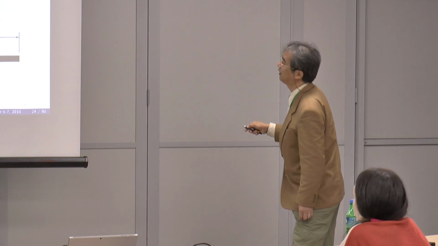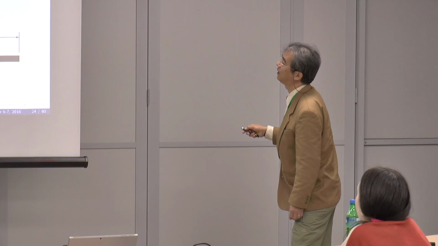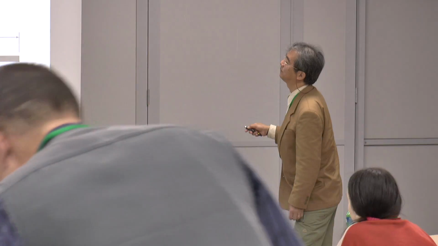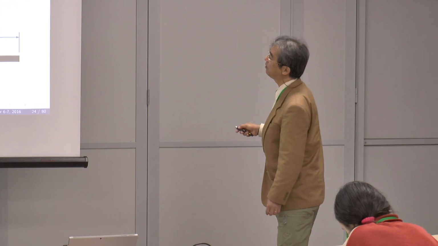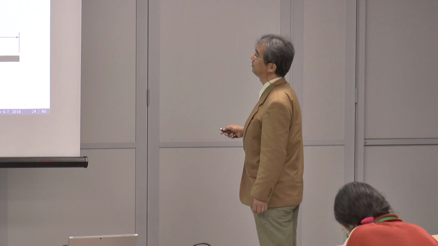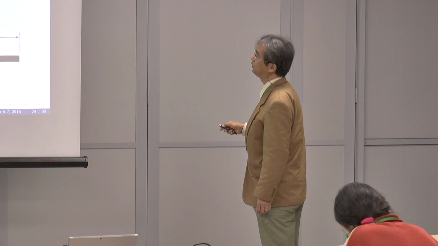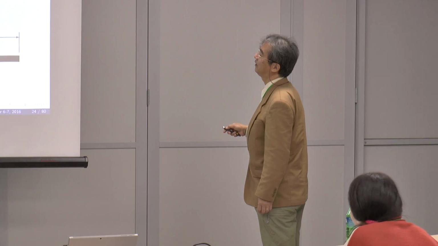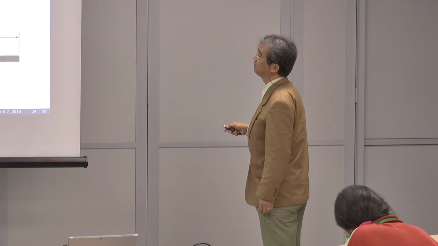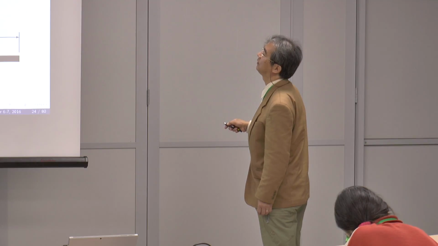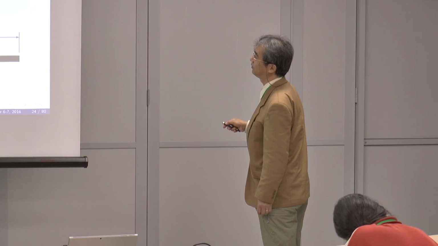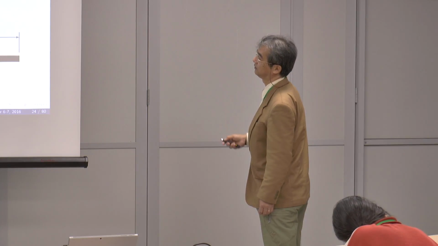Then this quantity is 10 to the minus 29 gram per centimeter cubed. And we often use the unit of electron volt by putting the Planck constant and speed of light to unity. This quantity corresponds to 10 to the minus 3 electron volt to the fourth.